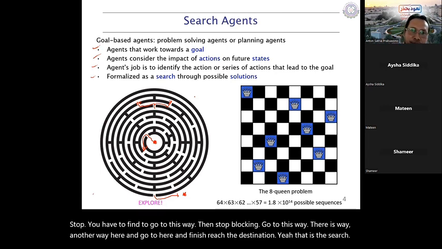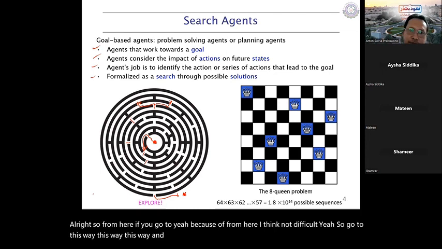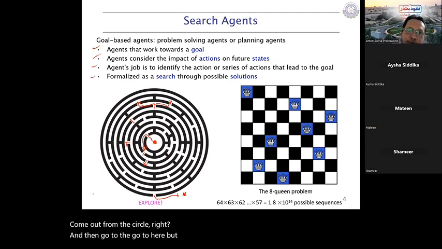So from here, I think it is not difficult. Go this way, this way, this way, and this way, because there is still only one way to come out of the circle. Then go to here, go to here. But starting from here, we have two solutions, two ways. If you go this way, then you are stuck, no way out.